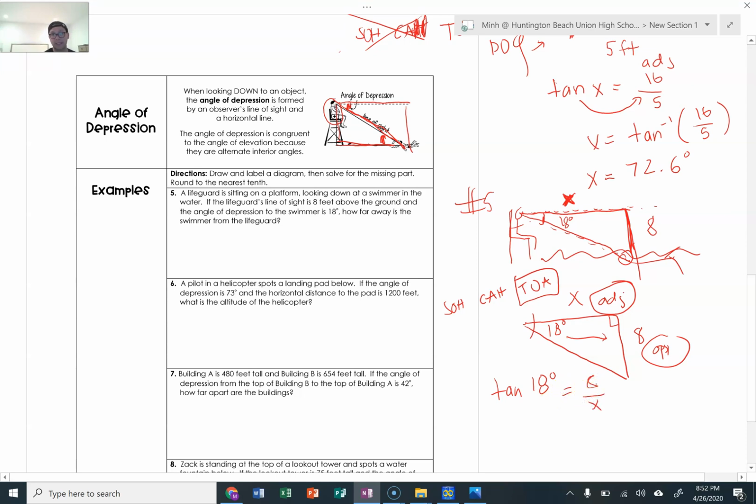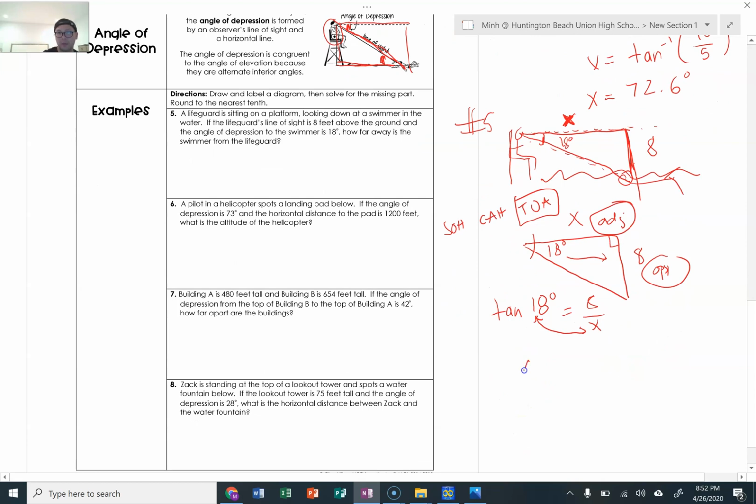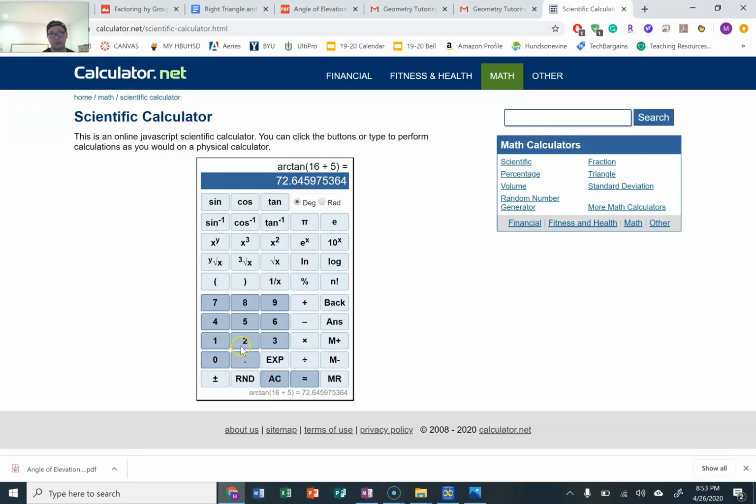And since there's an x on the bottom, we're going to switch the positions. Don't forget to switch. Bring this down. X is equal to, tangent 18 is going to be on the bottom, and the 8 on the very top. So 8 divided by tangent 18. Let's clear this up. 8 divided by tangent 18.